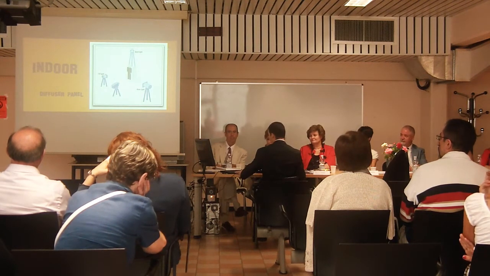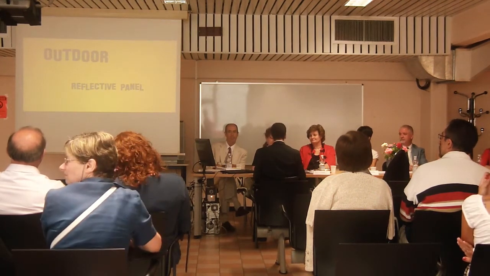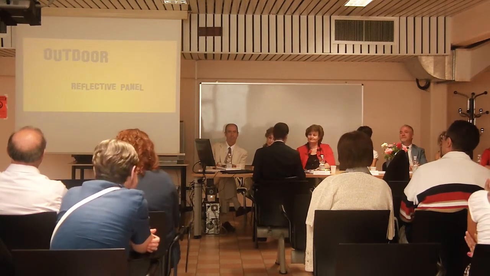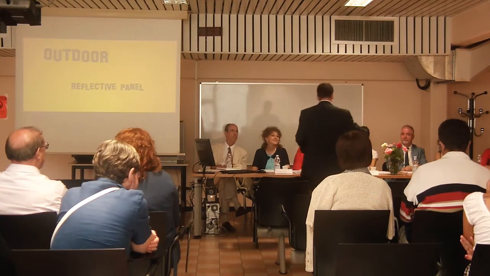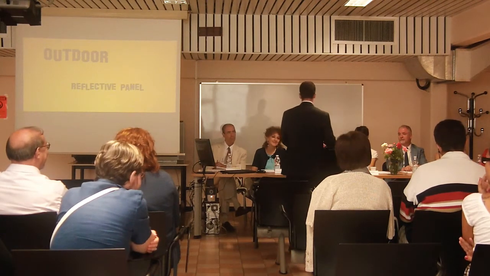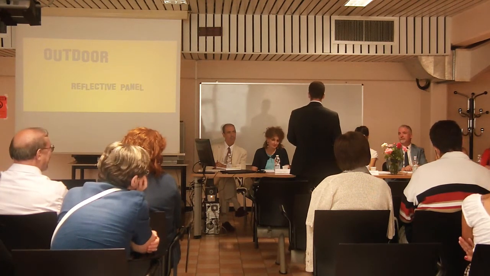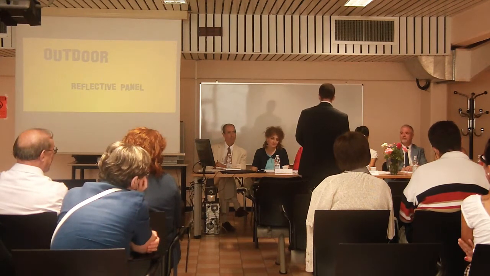And then we have the outdoor lighting. With the outdoor lighting, the object that is most used is the reflective panel. There are different colors for the reflective panel. It depends on the effect that we want. If you want a colder light, we will use the silver surface.